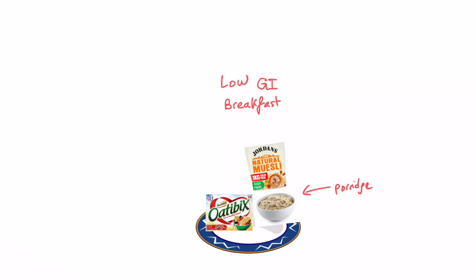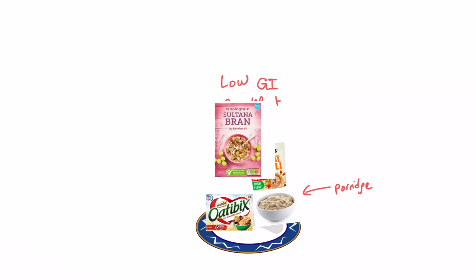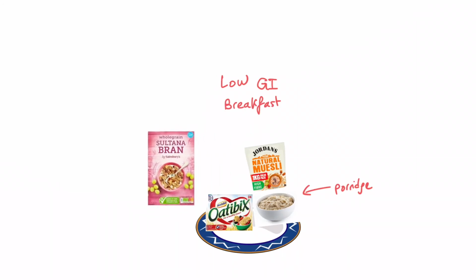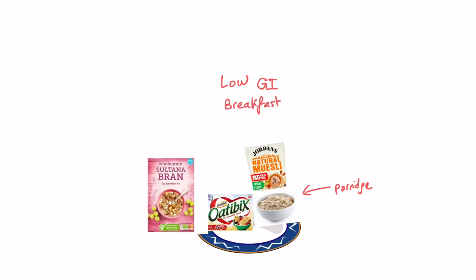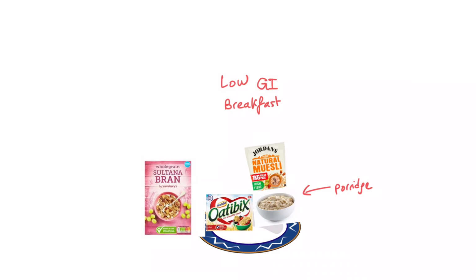I'm not sure if everyone has this in their breakfast, but Sultana Bran is also very common in people's breakfast components. This is very good for your blood sugar levels. So if you have all of them or most of them for your breakfast, you're good to go. So next, let's move to the medium GI breakfast cereals.